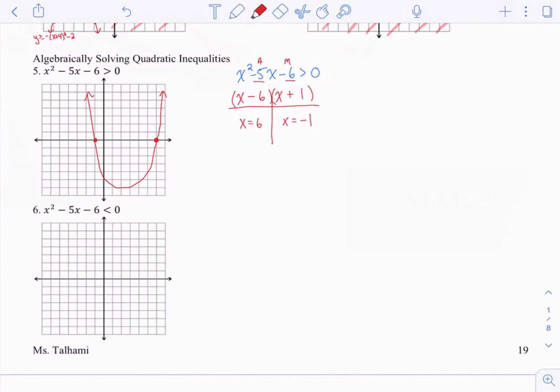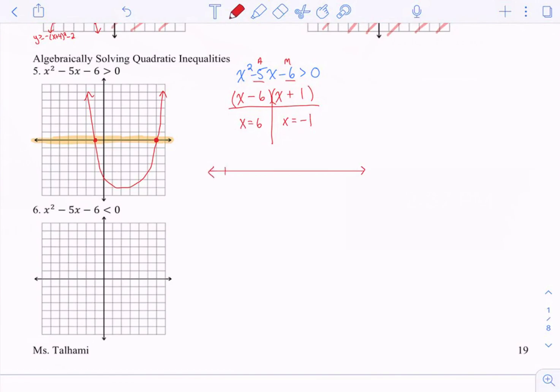So really I have to focus on my values of x here. So I need to focus on the x-axis. So if I focus on the x-axis, I can make myself a number line. So this is how we show, if you remember, solutions to inequalities. We use a number line.